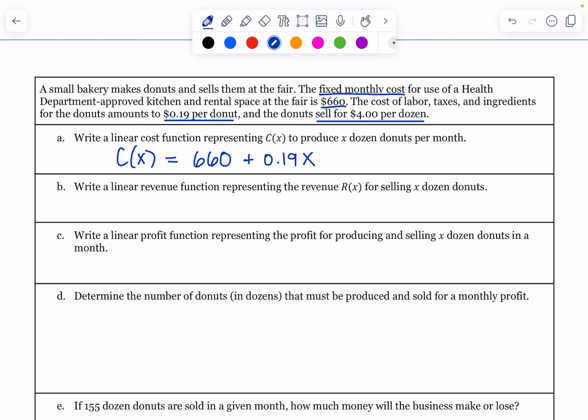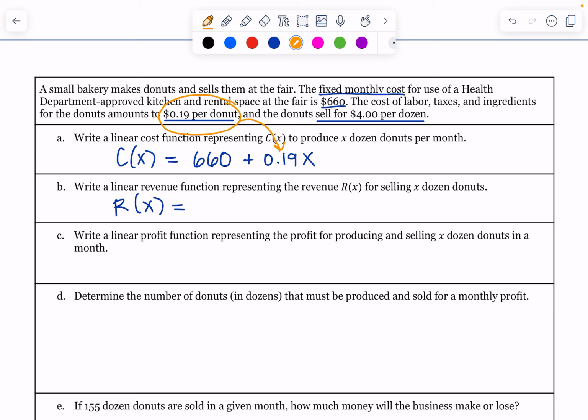Write a linear revenue function representing the revenue R of x for selling x donuts. So we get revenue for $4 per dozen donuts, and x would be per dozen donuts. I think there's a typo here, because it says per donut here. So we really need to multiply that by 12.